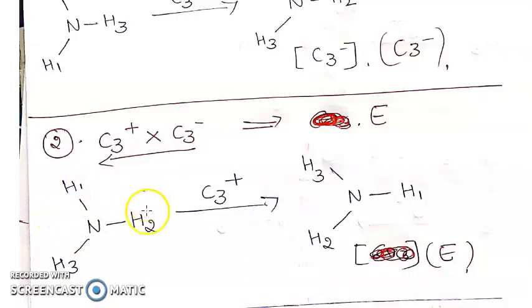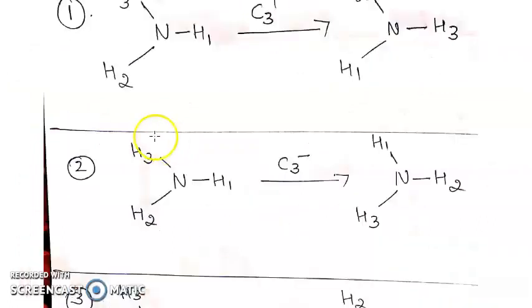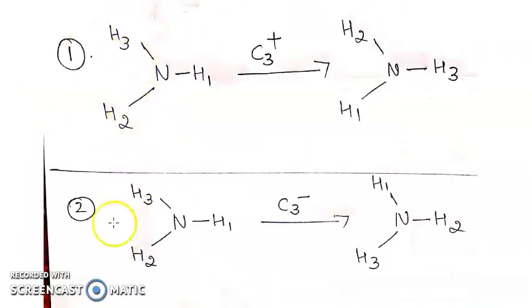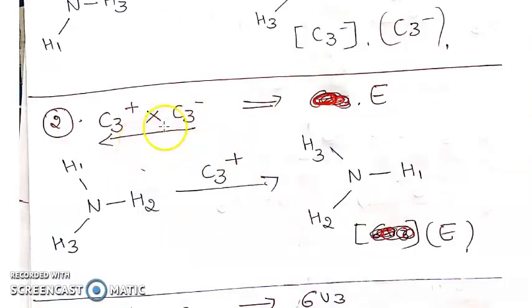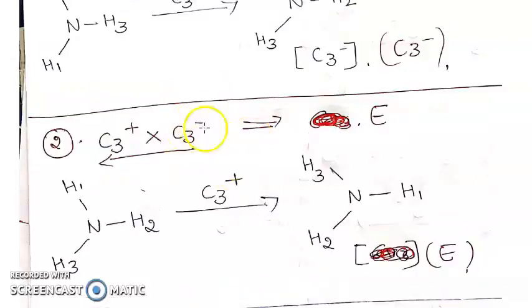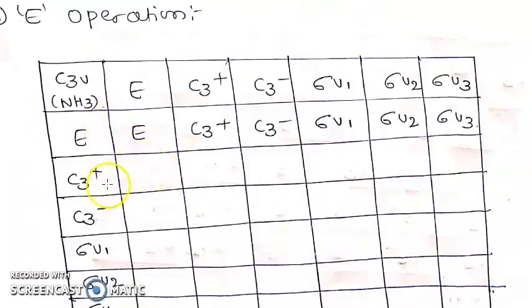Then all the atoms will interchange. This atom will shift here, this will come here, and this will shift here. This molecule is nothing but E, the original molecule, which means the identity element. So C3 plus into C3 minus gives E only.